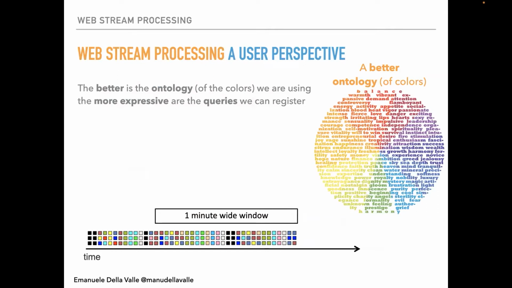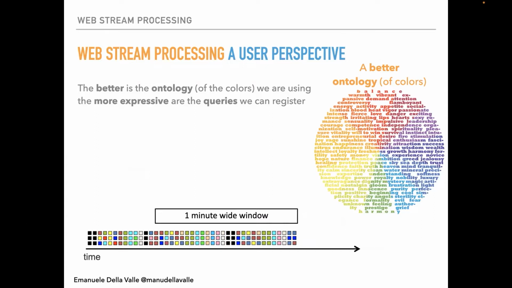Oh, what's the dream? Well, the dream is that the more we will progress with the technology, the more complex the ontologies could become, and therefore the more expressive the system will be. In this specific example, just to evoke the idea, we show to the right an ontology of the connection of the words to the colors.